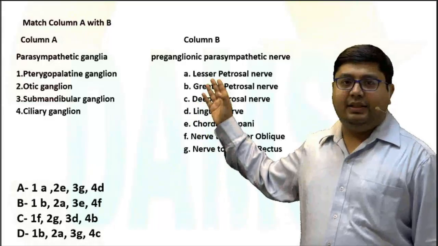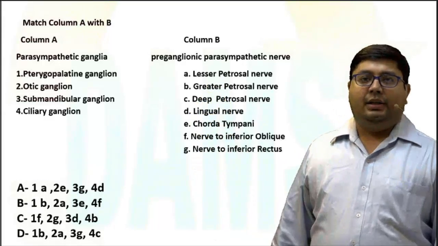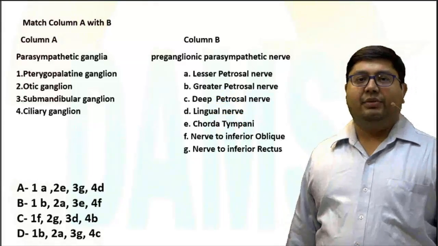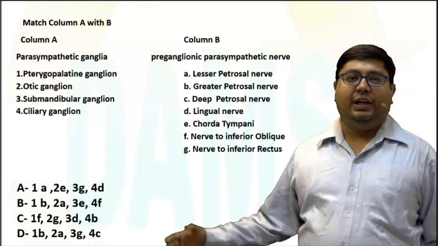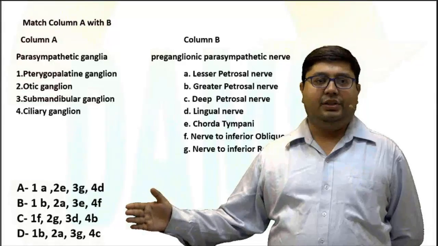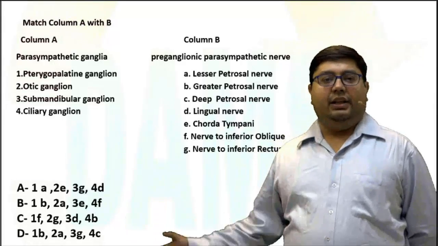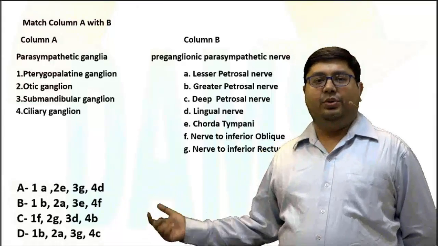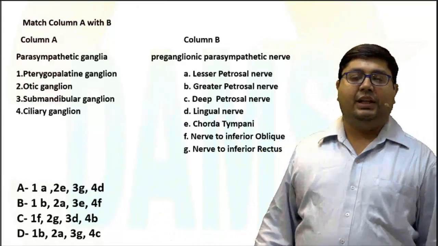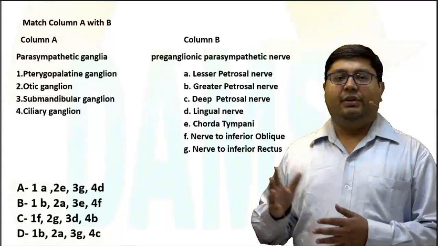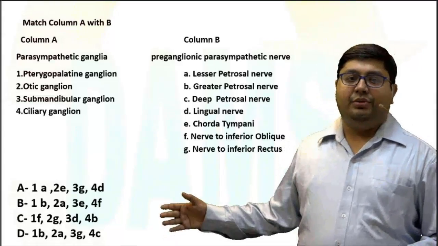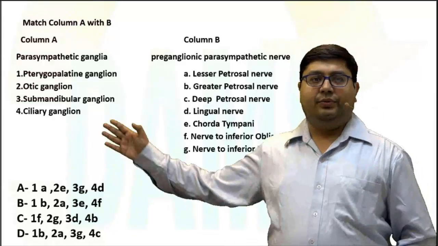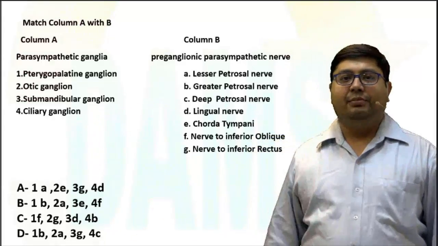And here the choices are the nerves which can carry the preganglionic parasympathetic fibers, and we have to see in the options how to mark the correct choice. We can see 1 with A, 2 with E, 3 with G, and 4 with D. So these are different combinations, and we have to choose which one is correct, how the choices of column A are to be matched with the column B choices.